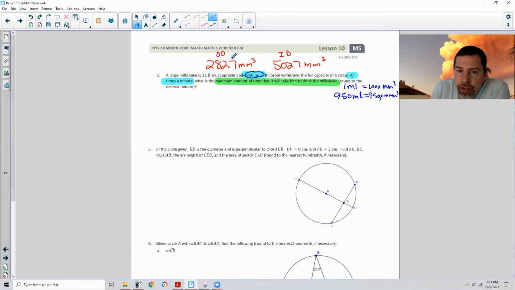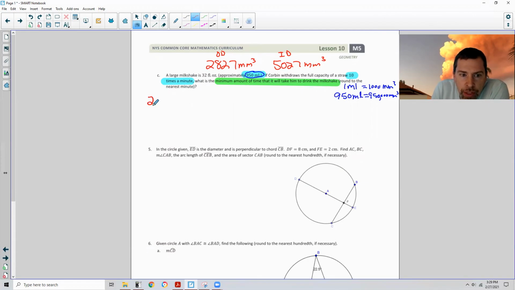So let's figure out how much he's going to drink in a minute. Here's how we do this. We're going to take both of these values and do different ones. I'm going to take the amount of milkshake in a full straw with the smaller straw, in other words, if we were assuming that was a 4 millimeter outside diameter.